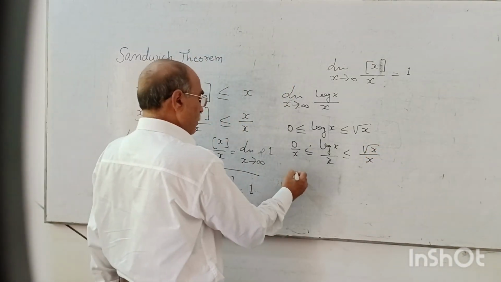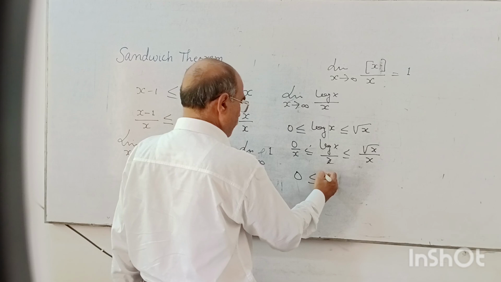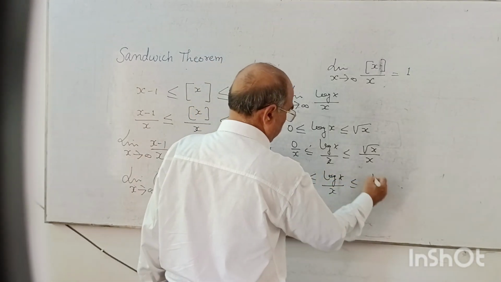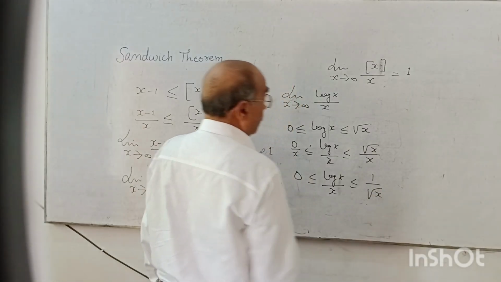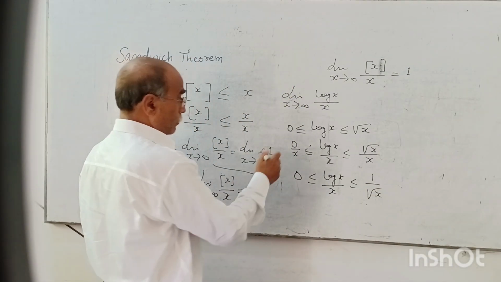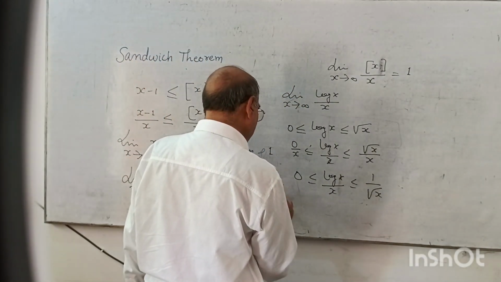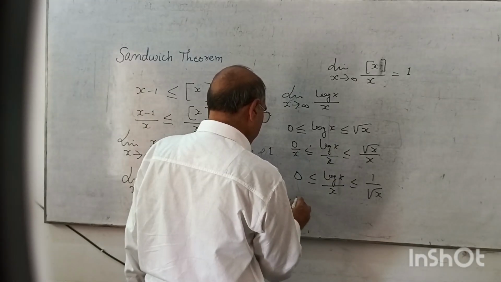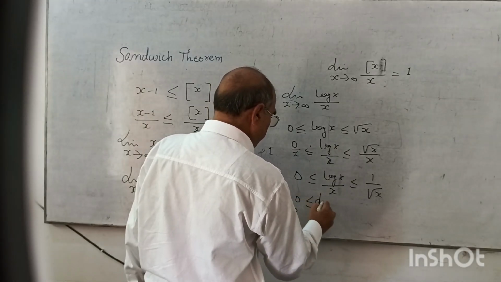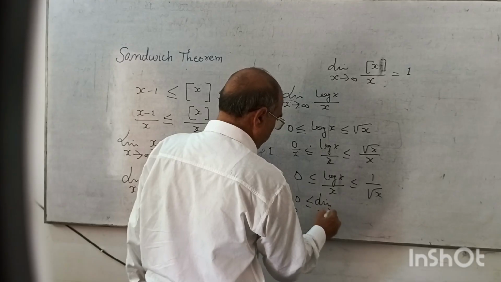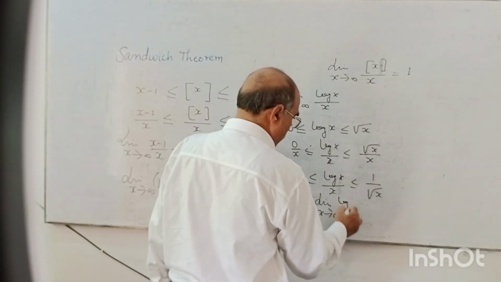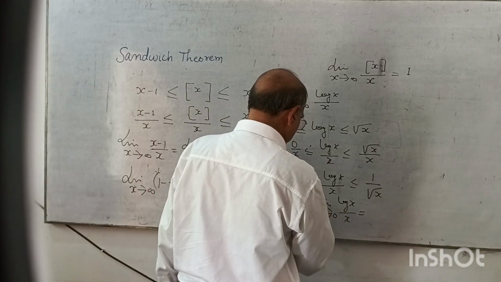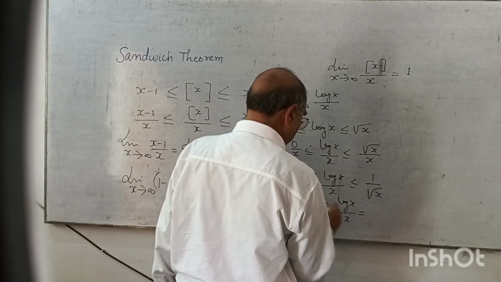So further, this is 0 less than or equal to log x upon x, less than or equal to 1 upon root x. Now take the limit as x tends to infinity. So whenever you take the limit as x tends to infinity, 0 is less than or equal to the limit as x tends to infinity of the required function, which is less than or equal to the limit as x tends to infinity of 1 upon root x. The limits on both sides are the same, as I said earlier.